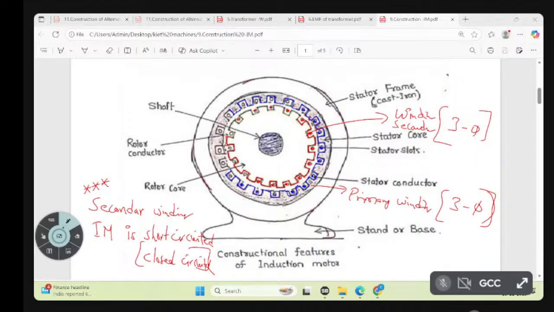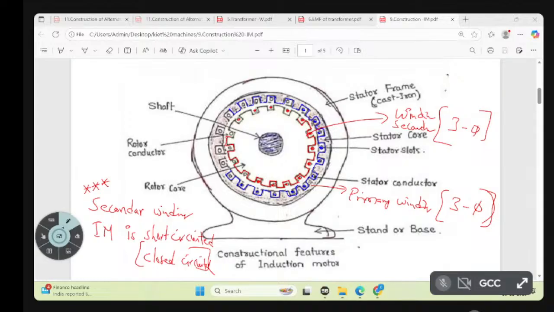Because of this 3 phase supply, the winding is capable of establishing a flux that is called a rotating magnetic field. 3 phase voltage and 3 phase current will generate a rotating magnetic field in the stator.